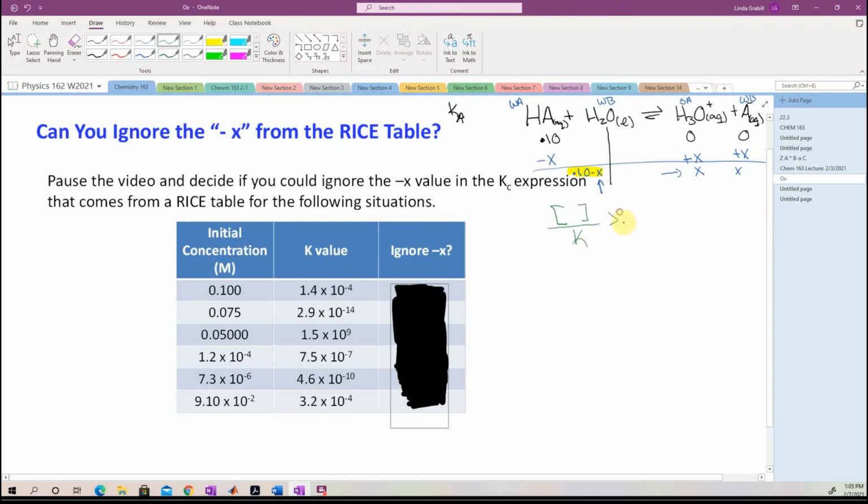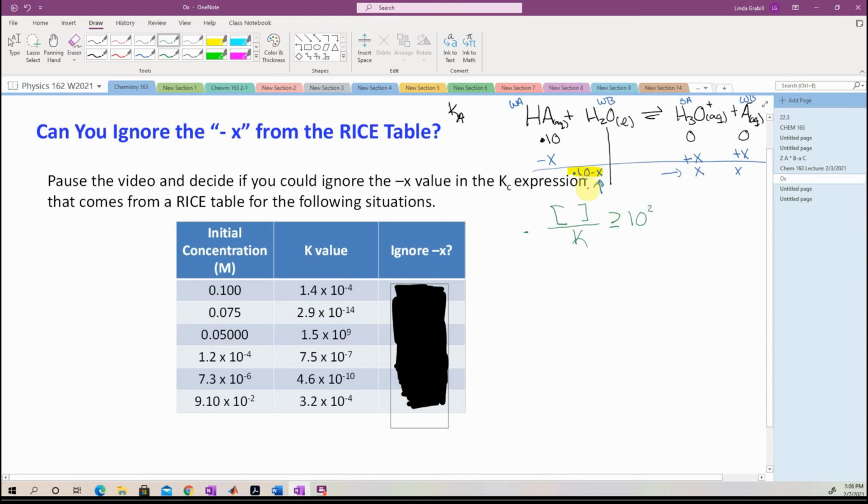And we said if this is greater than or equal to 10 to the number of sig figs, so in this case we'd have 2 sig figs, so 10 to the 2. So if this quantity is greater than or equal to 100, then yes, I can ignore it. And I talked about that because this is in the hundredths place, right? So greater than or equal to means that I'm not going to see a change.